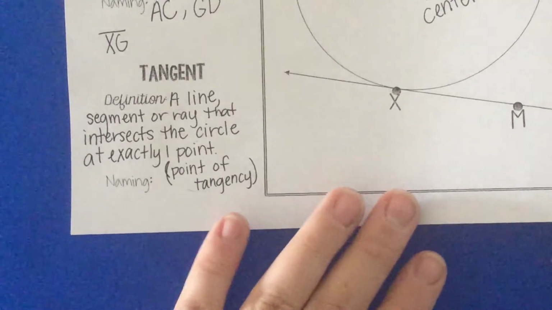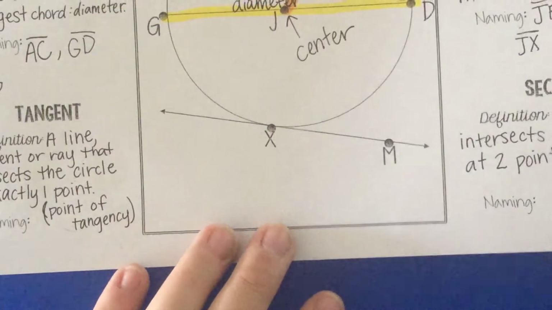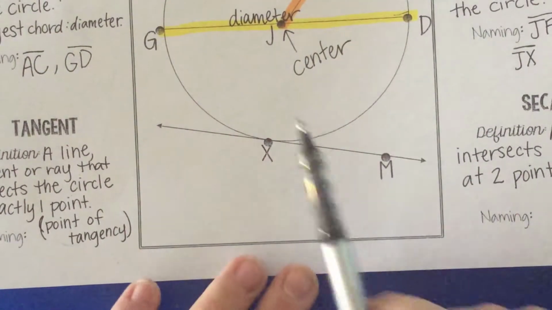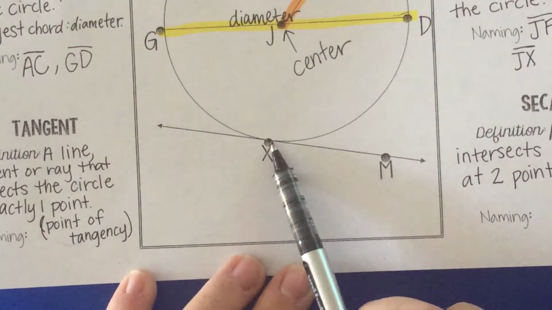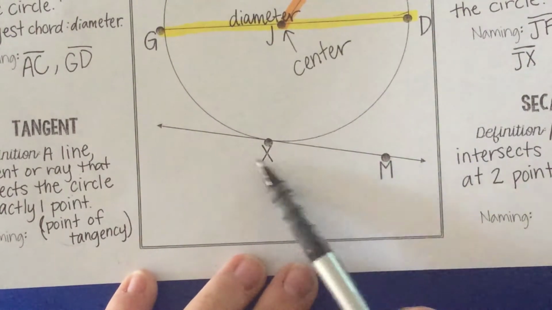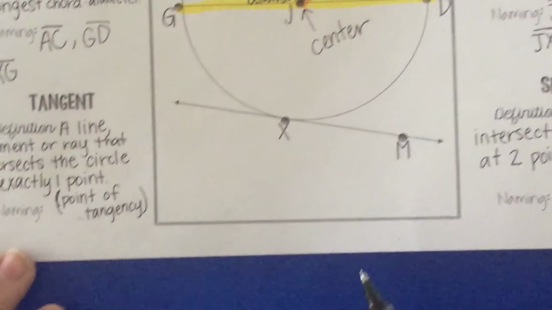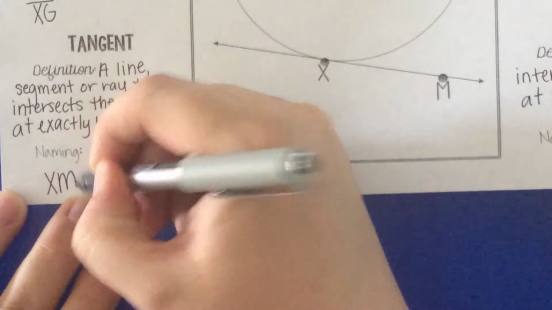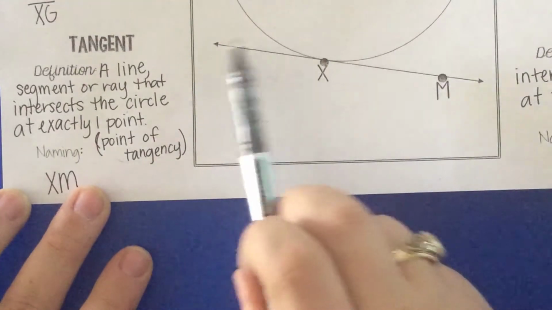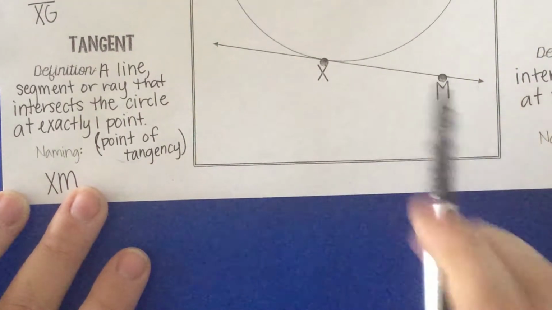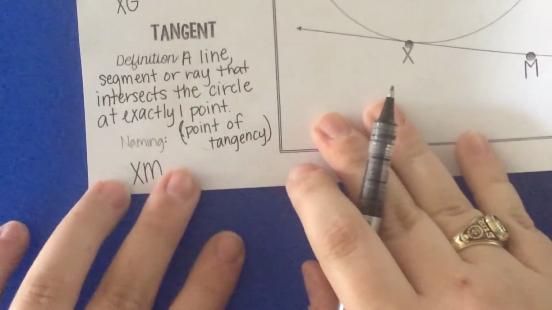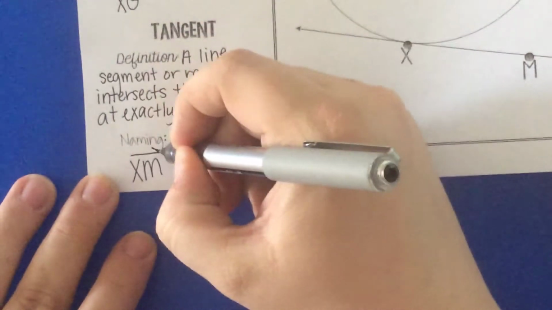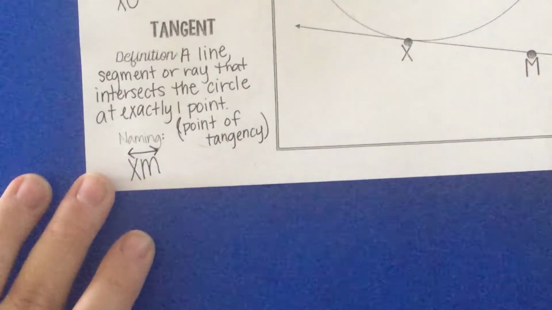If you look at our picture, we see that we have one line that touches the circle at exactly one place right here. So that line would be X to M. I'm saying line because if you notice in our picture here, X, M are on a line that has 2 arrows. And so we are going to say line XM with arrows on top.